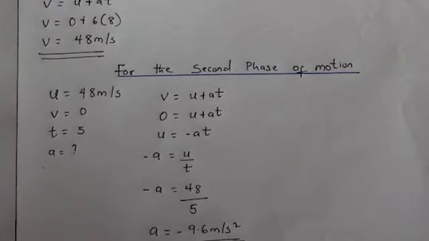It is minus because it is a negative acceleration, it is coming to rest. It is retardation or deceleration. When you divide 48 by 5, you have minus 9.6 meters per second squared. The minus there represents the retardation, a negative acceleration. So that is our answer.